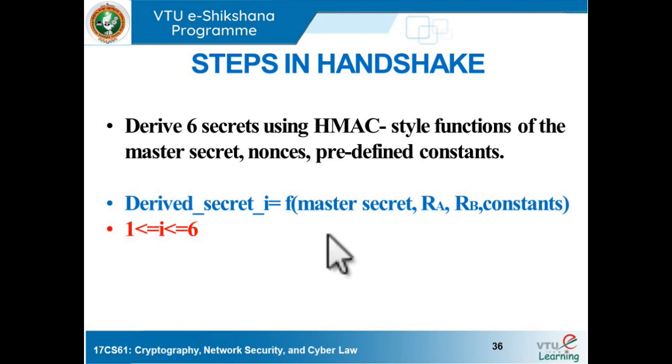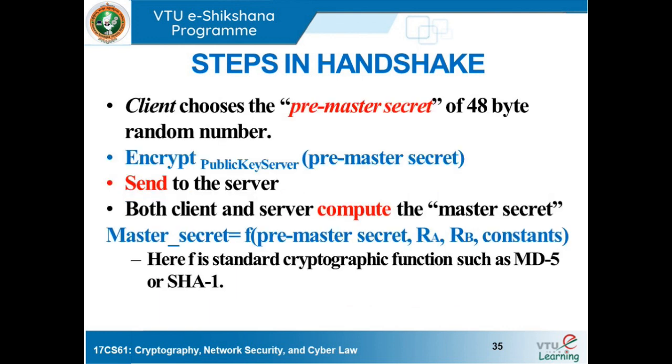And all of these together we call derived secrets. Now since there are 6 secrets that are derived, we refer to i, where i ranges between 1 to 6.